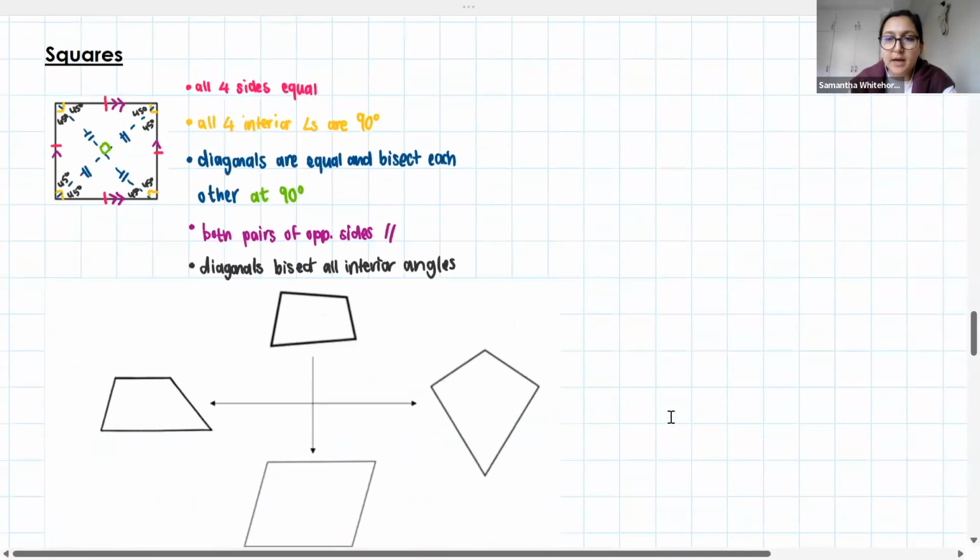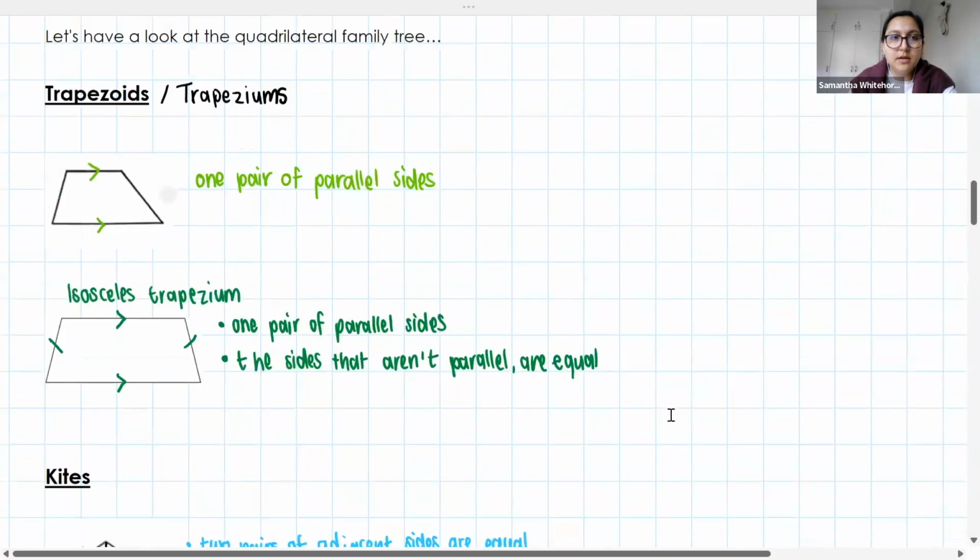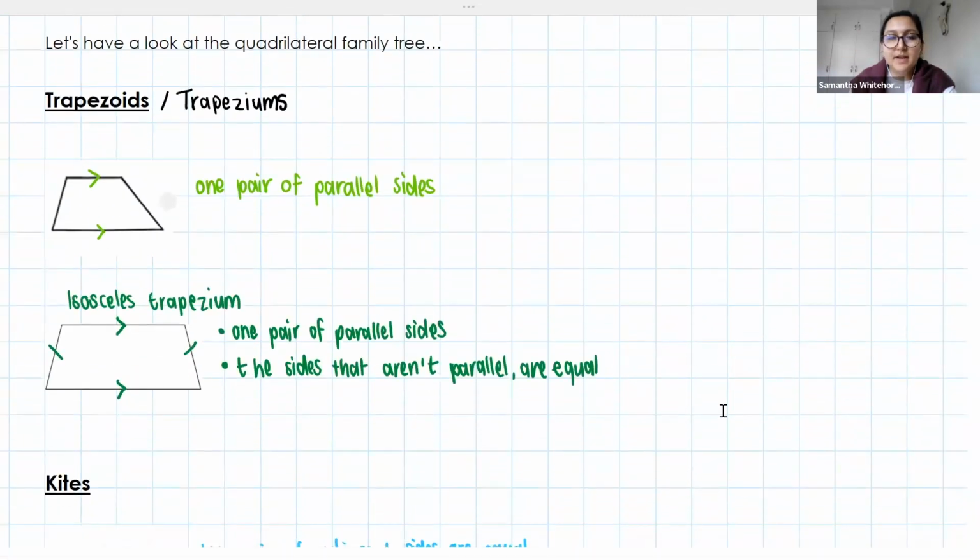Right, I'm just going to go back up. Screenshots from people, I hope that they're taking screenshots because these are very nice notes. Right, so I've just gone back up to trapezium for those who needed to take a screenshot there. Guys, let me know now if I need to go back to any of these quads for you to take screenshots while I'm here.